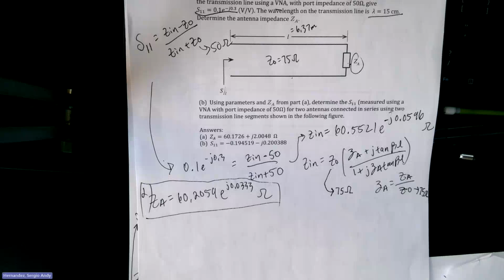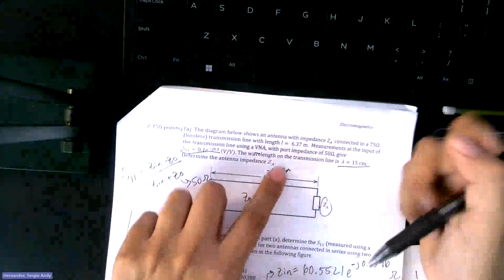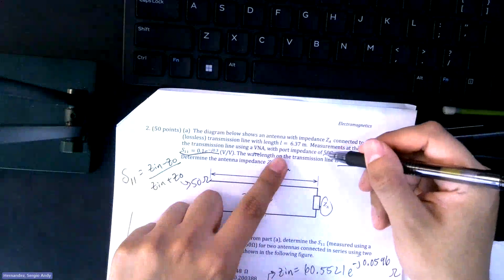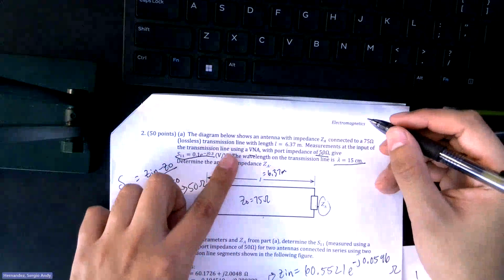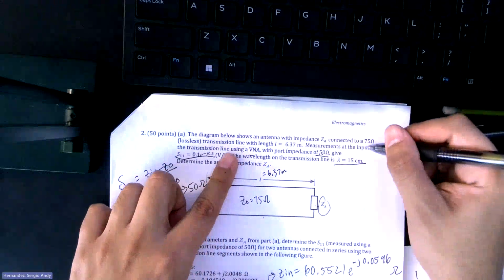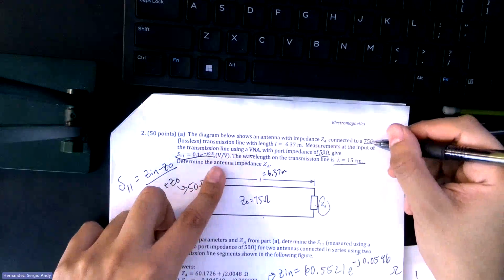Just make sure not to confuse the two port impedances he gives you. Everyone last semester got confused with this port impedance of 50 ohms and the transmission line characteristic impedance of 75 ohms. So they just used 75 for everything.